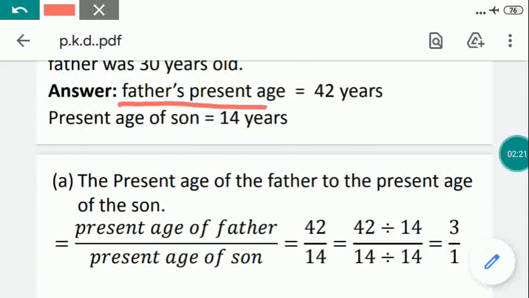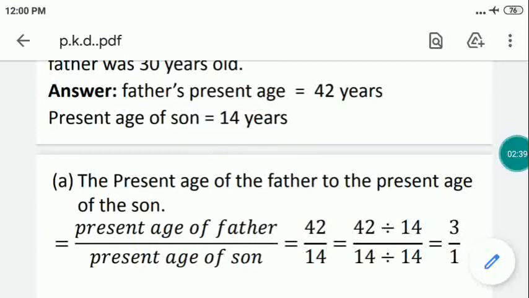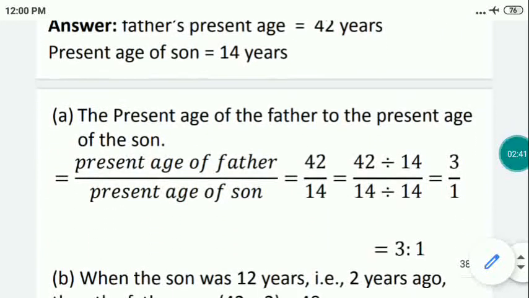Father's present age is given as 42 years and present age of son is given as 14 years. So the ratio of present age of father to the present age of son is 42 upon 14. Dividing numerator and denominator by 14, we get 3 by 1. So the ratio is 3:1.